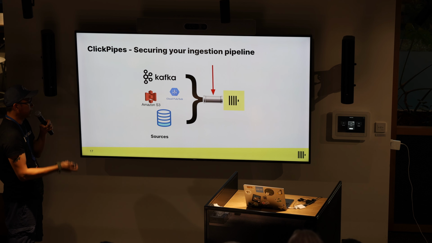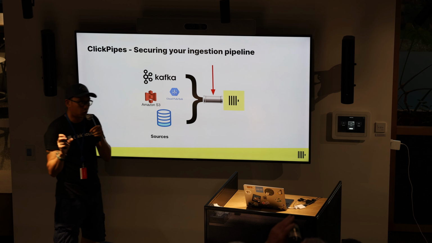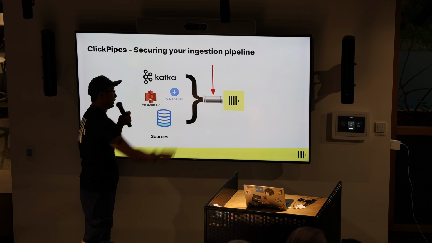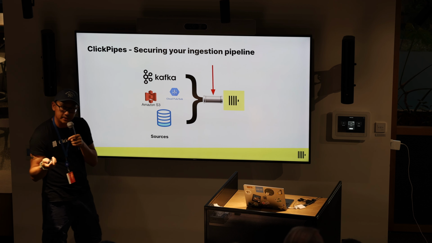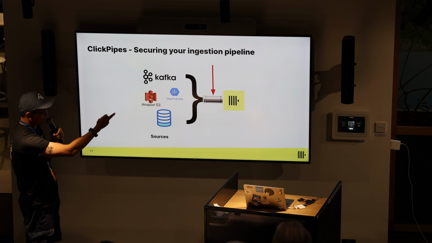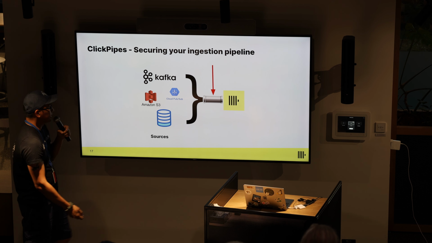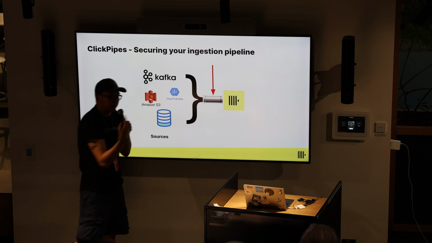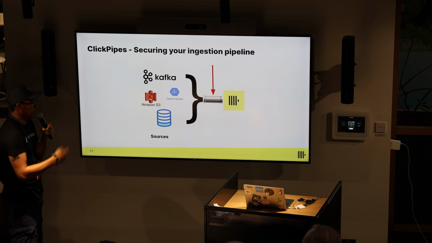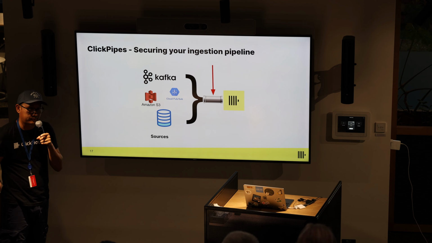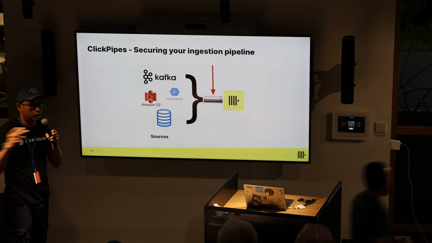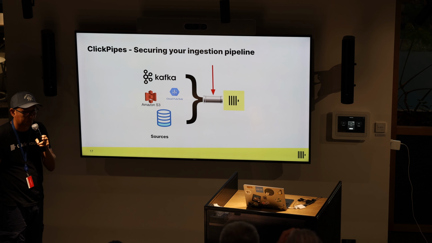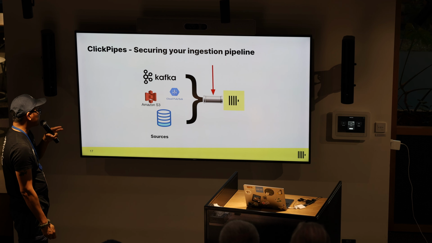So again, only a short-lived certificate, and the user is limited in access to the ClickHouse database. So even if this ClickPipes instance gets compromised, it's not going to have long-lived certificates or anything like that.